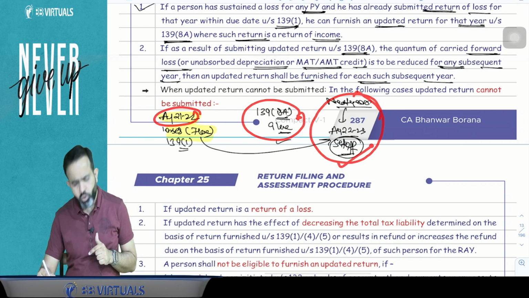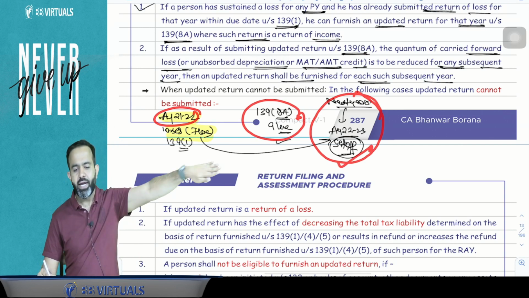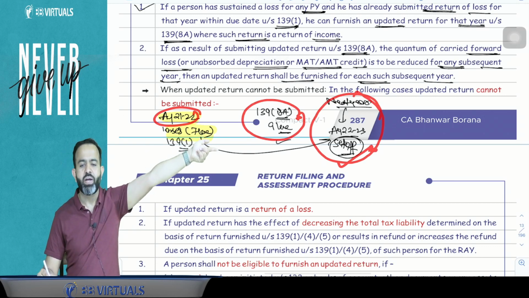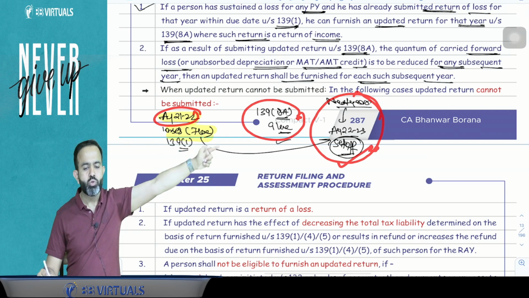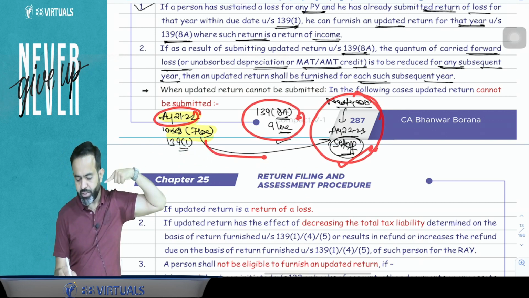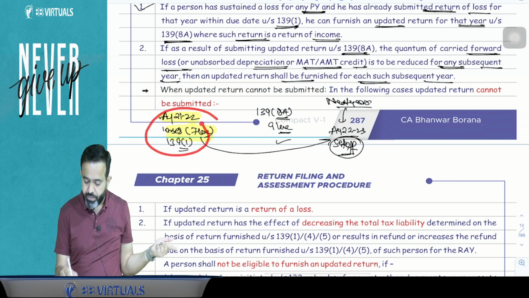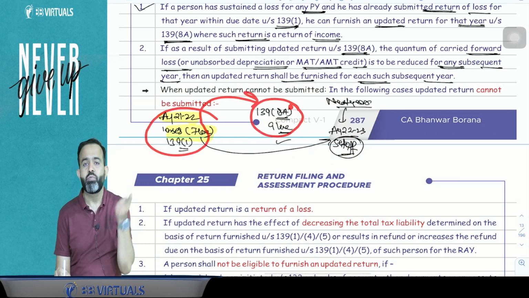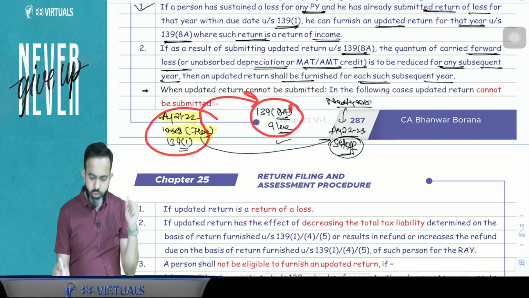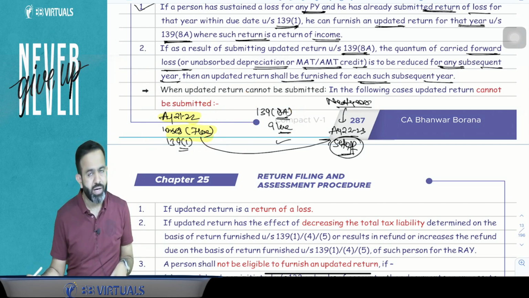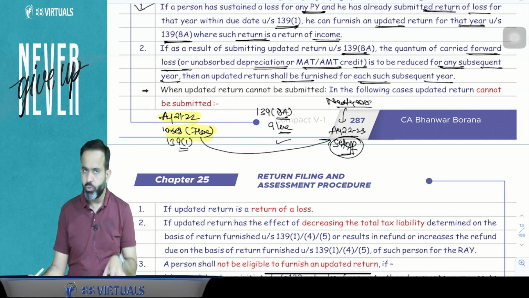So for this year also you have to file the updated return and you have to ignore those losses, because you already set off the losses. Those are not relevant losses, because now you are filing the updated return and declaring income, so obviously there is no question of losses. So you have to ignore that loss in the next year also, means in the next year also you have to file the updated return. You got my point or not?